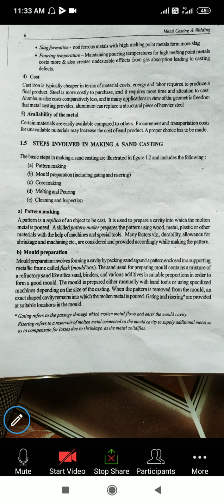Otherwise, don't prefer such costly and unavailable alloys for casting products. So both of these factors play a very important role for the casting product.